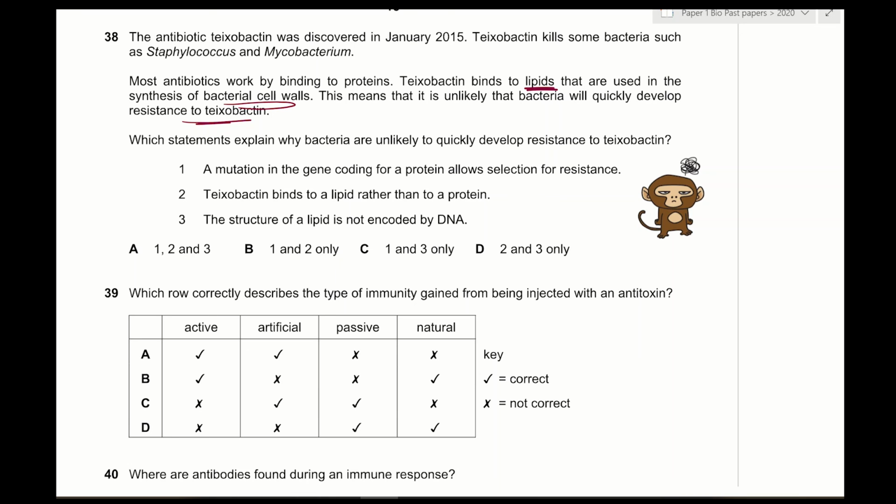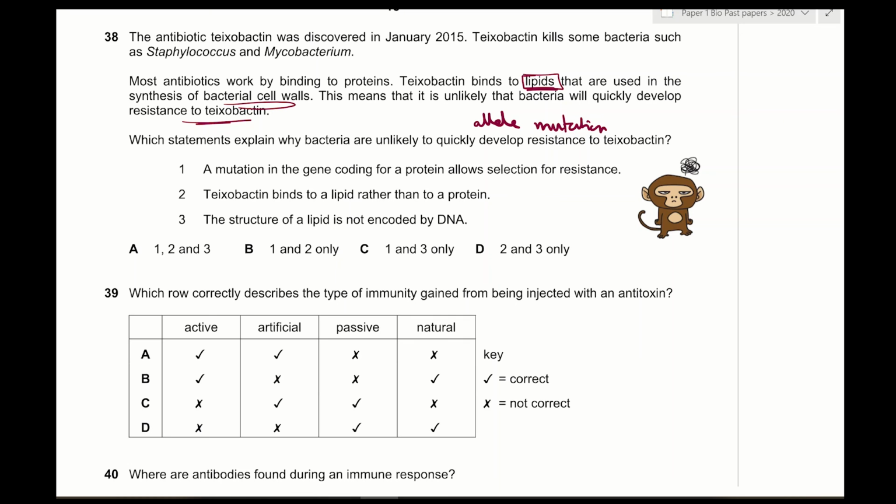Now, as we all know, resistance happens when there's another allele obtained, or a mutation, or a change in the gene. Now, here it says it binds to lipids. If you don't know, lipids are not coded by genes. What is coded by genes are polypeptide chains.